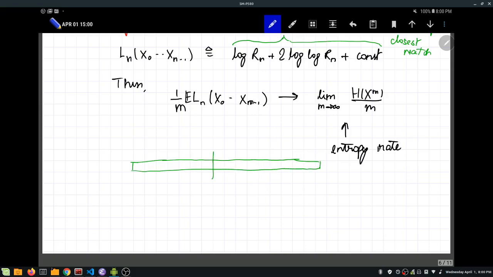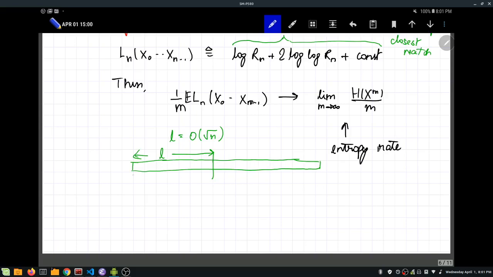Suppose I've encoded the first L symbols, where L is, say, of order root n.